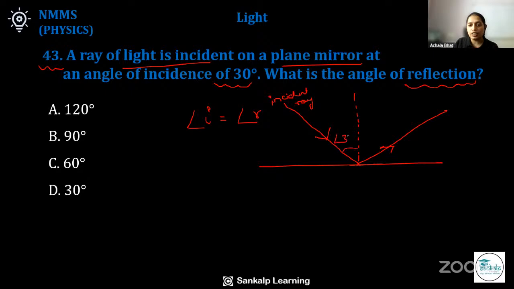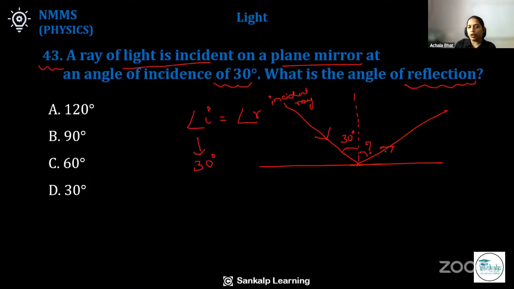Okay, this is a 30-degree angle. I is equal to 30 degrees. Now, this angle R is equal to, what is the value of angle R? That is the angle of reflection.